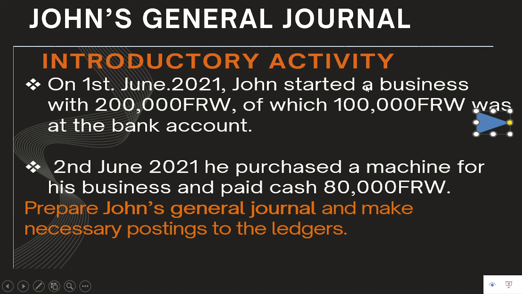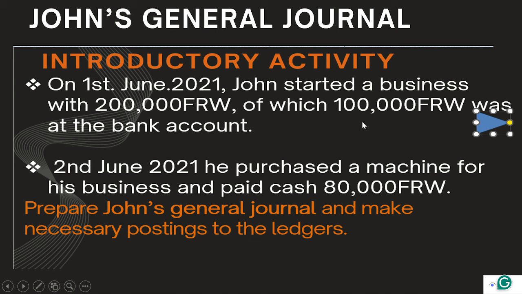So by seeing started a business or commenced a business, automatically we have an account called capital. Now, started with 200,000 francs, of which 100,000 francs was at the bank account. This means that the remaining 100,000 francs was in the business cash drawers, which means that we have cash and bank account.